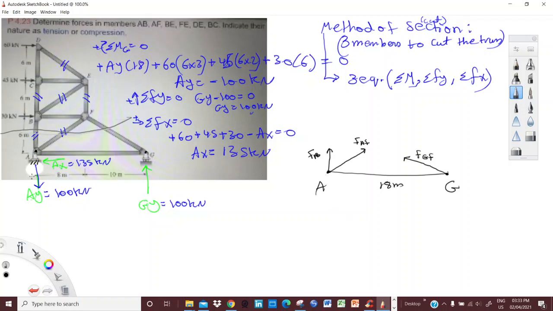Don't forget to add the reactions at the support, so you have a downward force of 100 kilonewton at A, and you have a force going to the right, which is 135 kilonewton, at A.